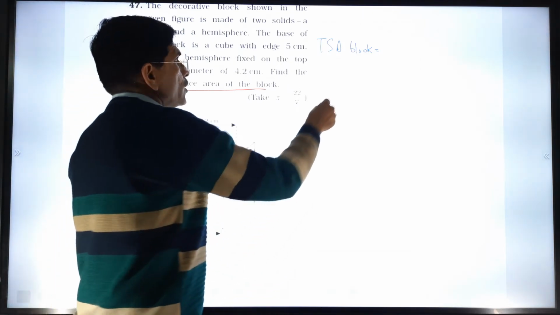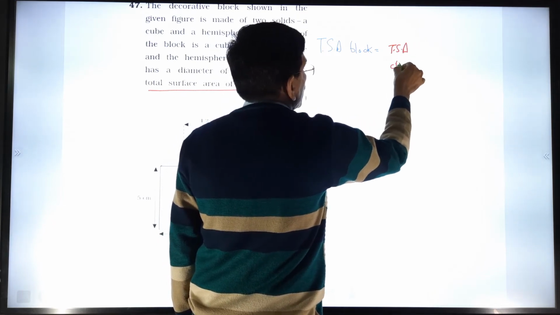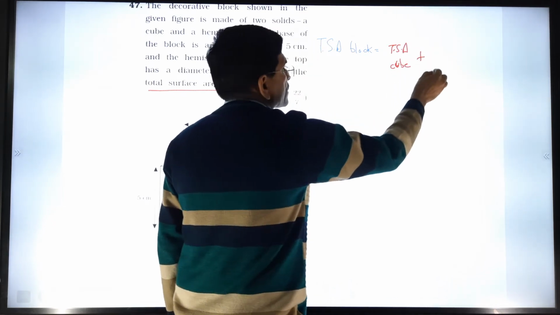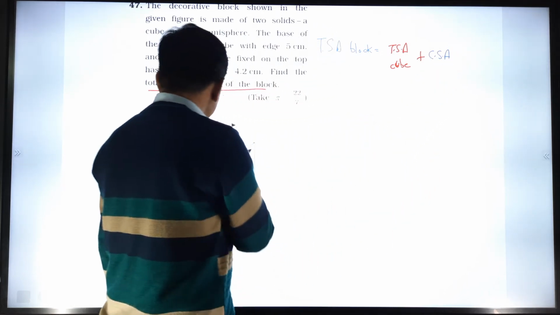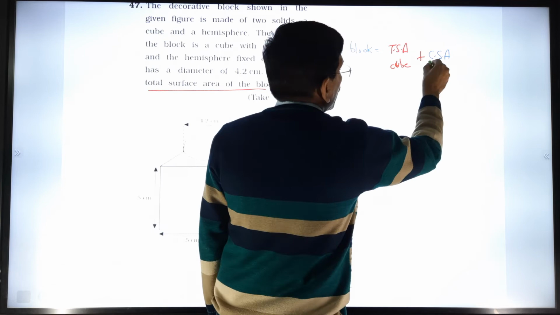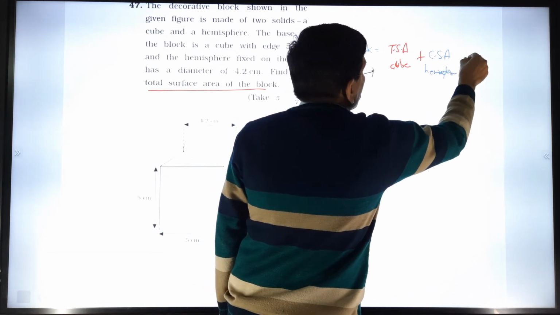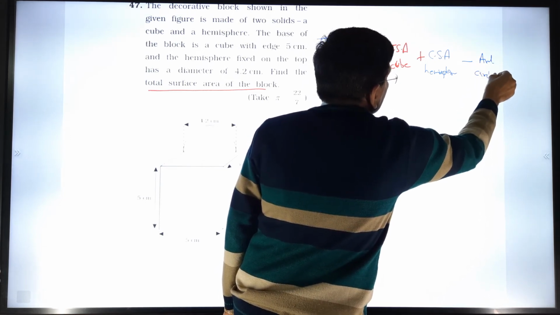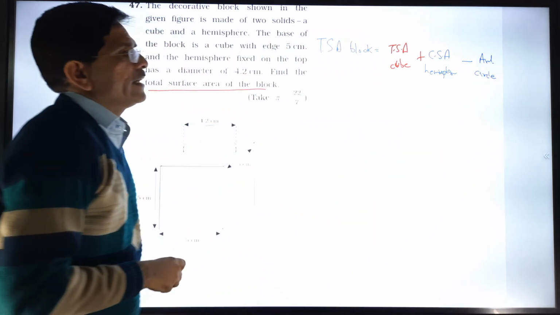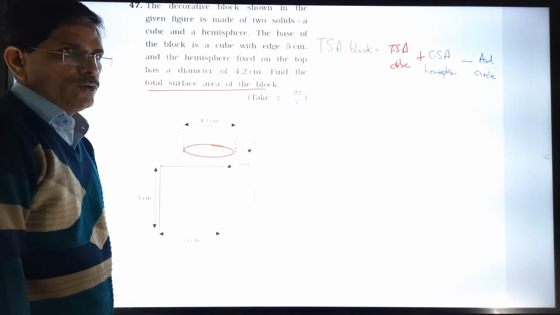That is the total surface area of the cube plus the curved surface area of the hollow hemisphere minus the area of the circle. Why am I taking it like that? Because here it's a circle that I have to remove.